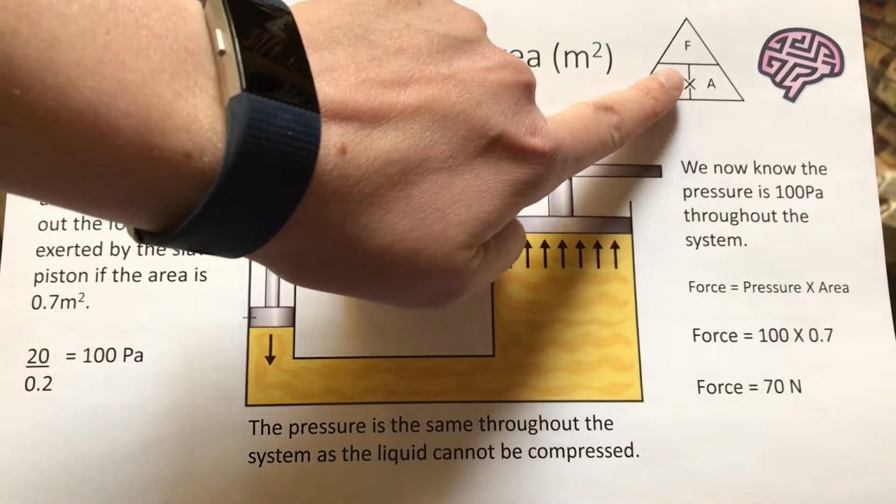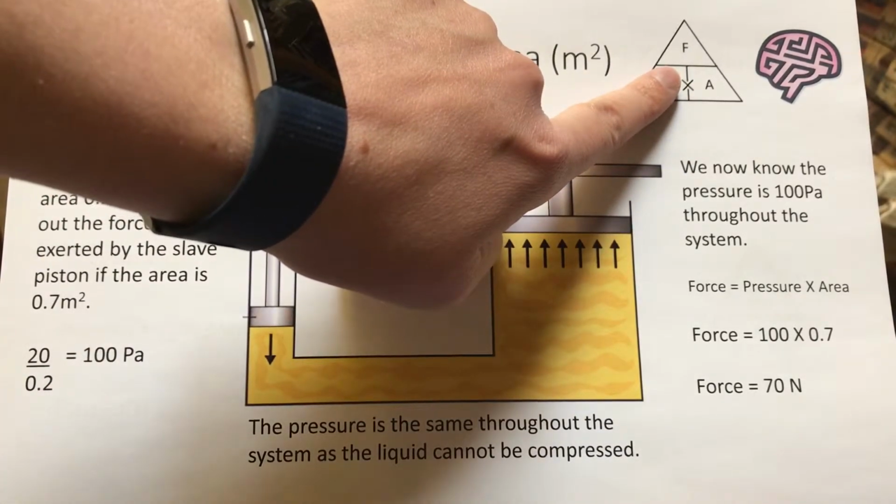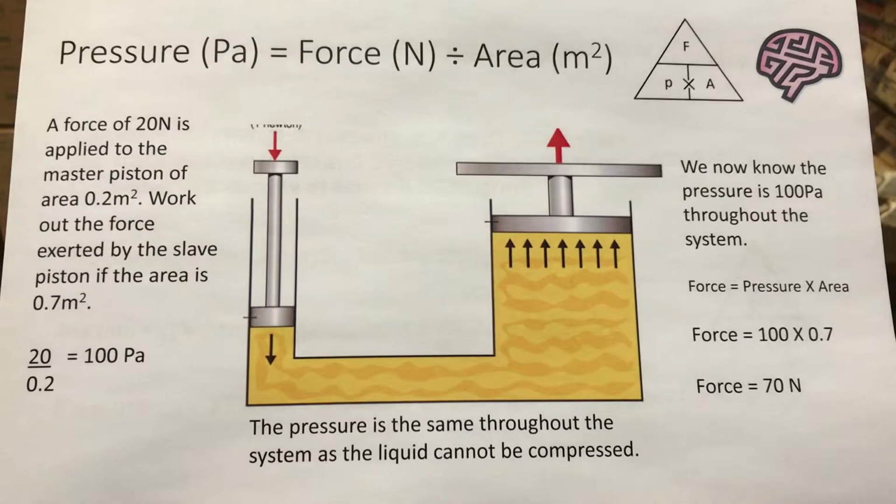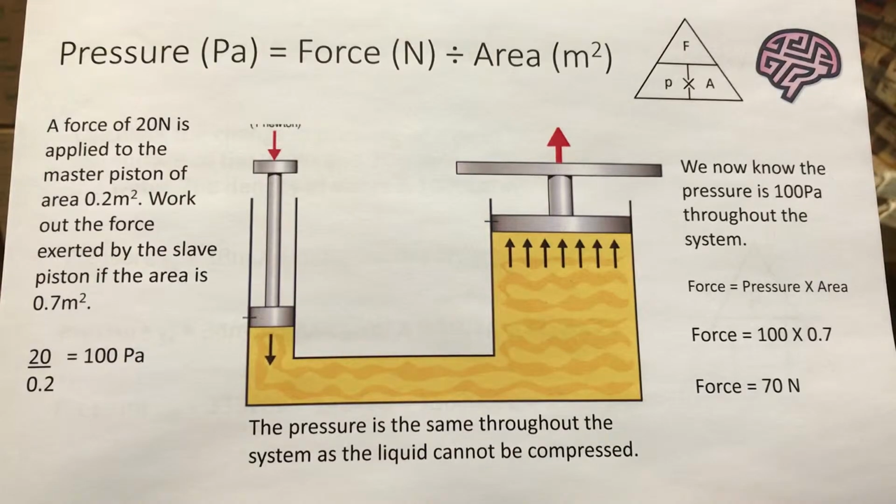Now pressure, using my formula triangle, is force divided by area. The force is 20, divided by 0.2 gives us a pressure of 100 pascals. We could say it's a pressure of 100 newtons per meter squared, but we can also say 100 pascals.